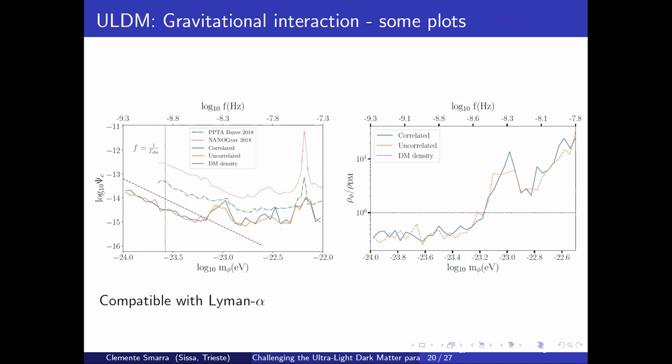I will guide you a little bit through the plot. The violet dashed line is the strain, the potential psi c, that corresponds to 100% of ultralight dark matter.